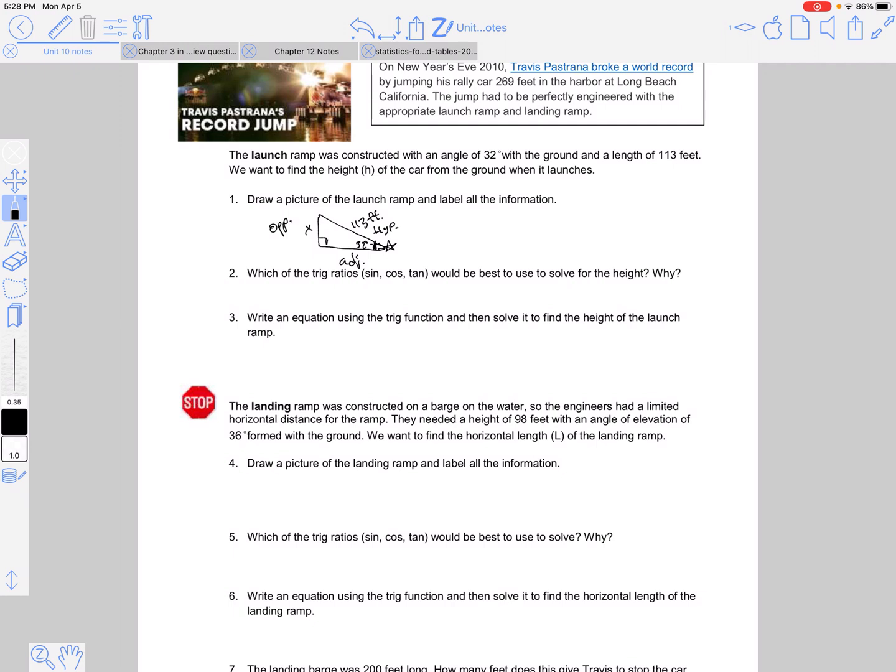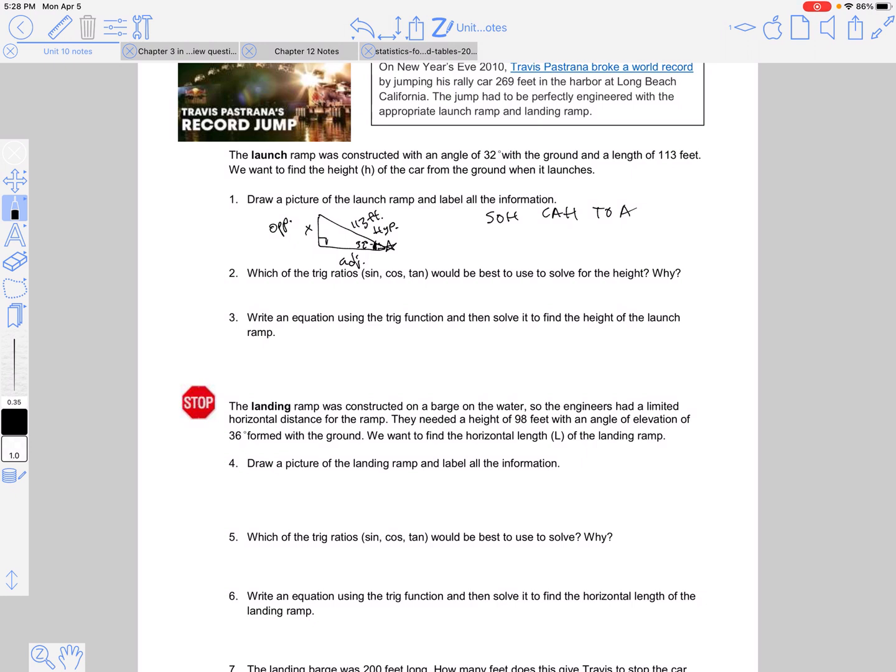So we have opposite, adjacent, hypotenuse. Now, if you remember, SOHCAHTOA. This is just a little phrase that we use to help us memorize it. SOHCAHTOA. That means sine is opposite over hypotenuse, cosine is adjacent over hypotenuse, tangent is opposite over adjacent.